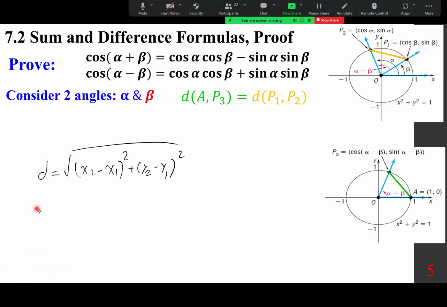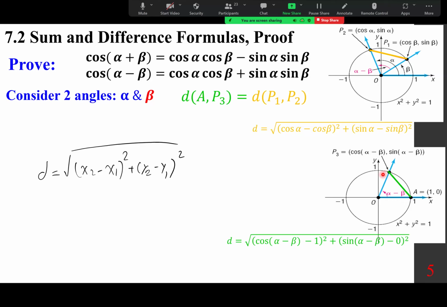So for here, we get cosine of alpha minus cosine of beta quantity squared plus sine of alpha minus sine of beta quantity squared according to the distance formula. For the green one, cosine of alpha minus beta minus 1, because the x coordinate is 1, quantity squared, and then sine of alpha minus beta minus 0 quantity squared. And as I mentioned, the two are identical.